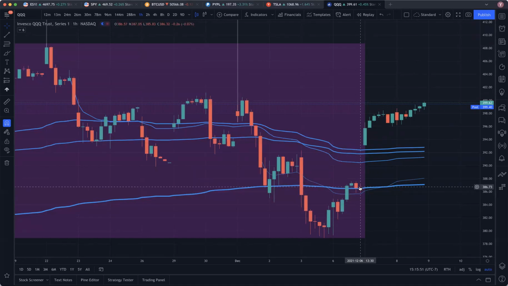And then it came back, hovered here horizontally before gapping up over and above the VWAP. So this is a very useful way, I think, to combine time and price. So we're anchoring VWAPs to these natural price cycle lines.